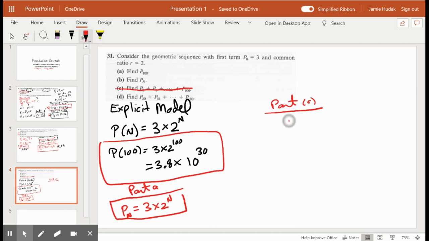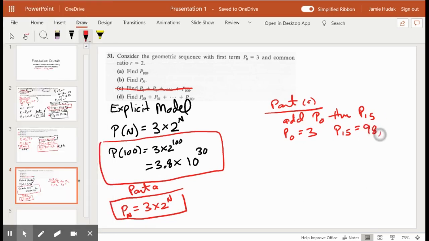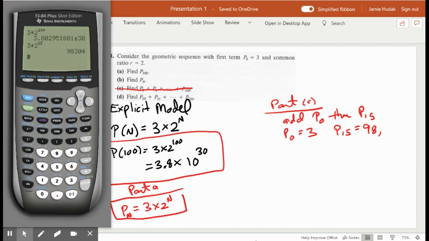So we're going to add P0 through P15. P0 we know is 3, P15 is 3 times 2 raised to the 15th power, 98,304.